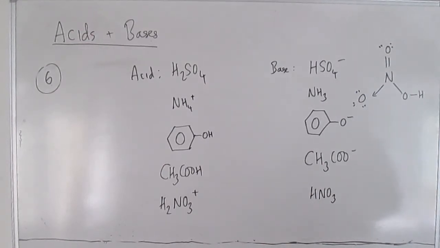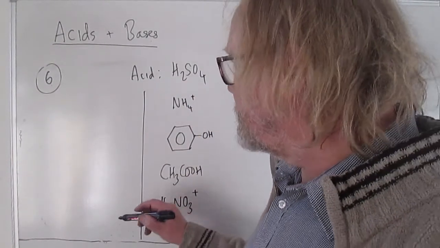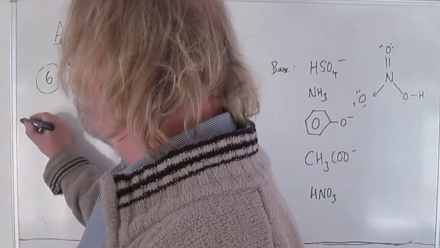So just because something is called an acid doesn't mean it can't, under certain circumstances, act as a base. And that particular one is actually quite important, because you've come across that, not explicitly, but in reality before.